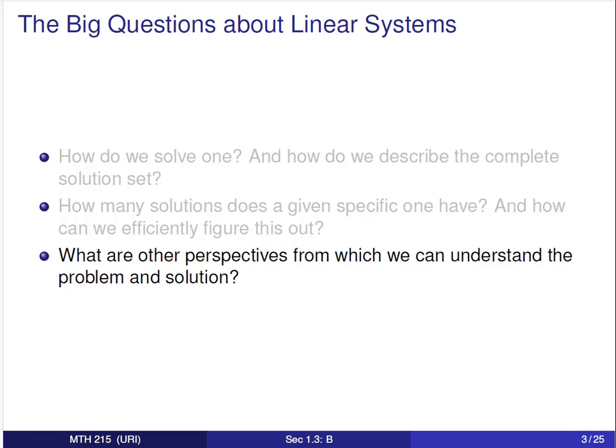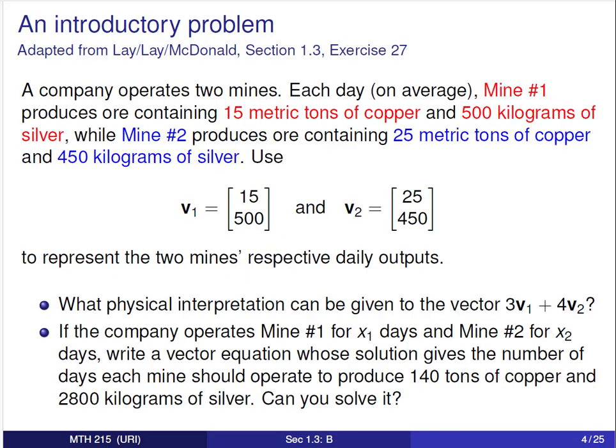And that had everything to do with whether the last column had a pivot position in it and whether or not there were free variables. All right, in this video we're going to start to address this last of those three big questions. We're going to talk about other perspectives from which we can understand linear systems and their solutions and the existence of solutions and so on. So let's get to it.